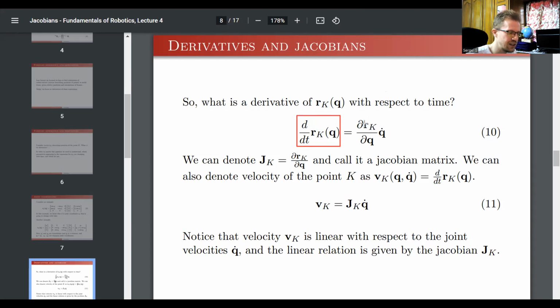When we talk about a stationary point on a link, which is usually what we're talking about, like end effector position, center of mass of the second link, center of mass of the end effector, camera, some point in the center of the camera, all of those move as the mechanism moves. And mechanism moves only as joint coordinates change. So this would be the expression. We take a chain rule, we express the coordinates of the vector, take partial derivative with respect to the parameters, and then we take time derivatives of the parameters. That is how it's done. Okay.